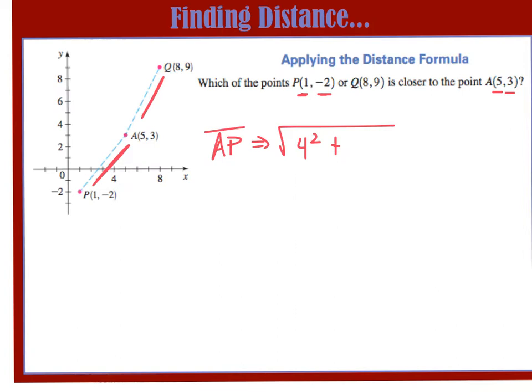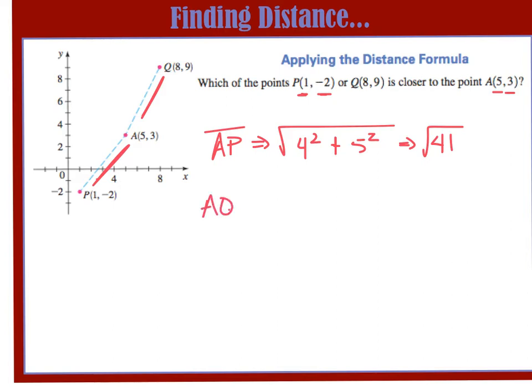Try again. Negative 2 to 3. 5. So now I have 5 squared. So I end up with 4 squared is 16. 5 squared is 25, we add them together, we get square root of 41.